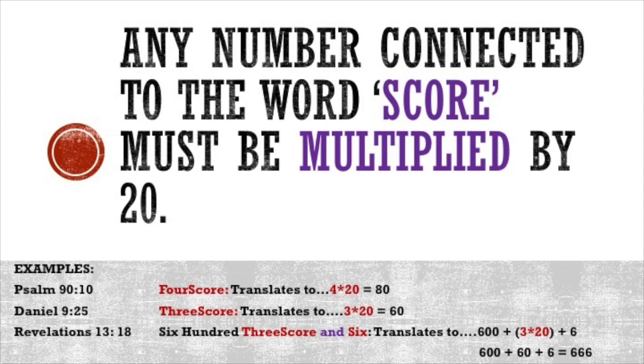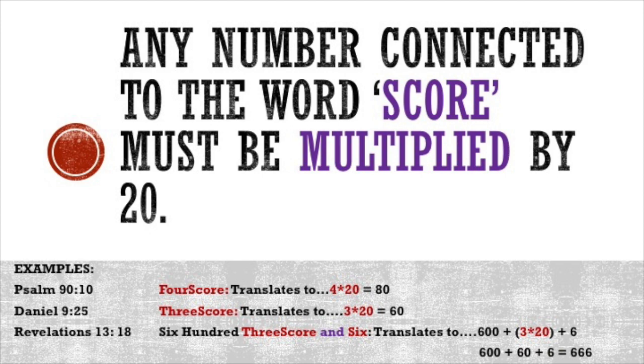First, whenever you see any number connected to the word score, remember that means you need to multiply by 20. For example, in Psalms 90 verse 10, you'll see 4 score, which translates to 4 times 20, and it gives you 80.